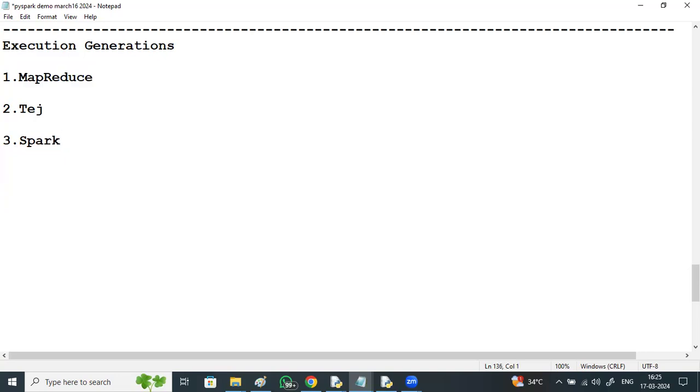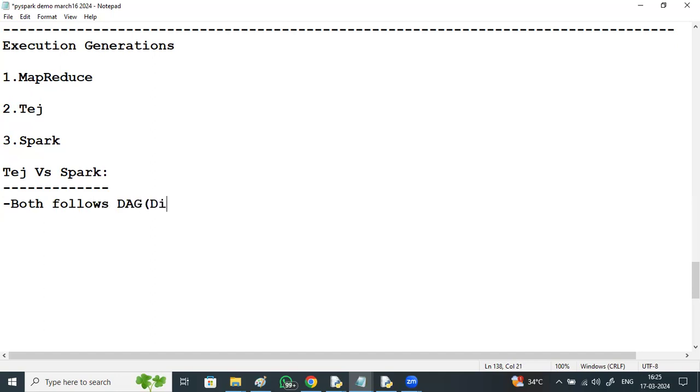But before that, Tez and Spark. Both follow the DAG model.